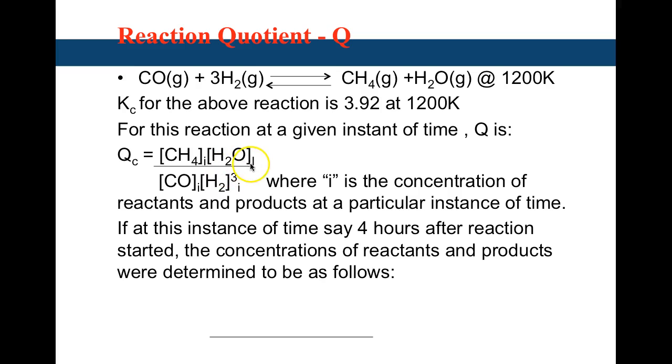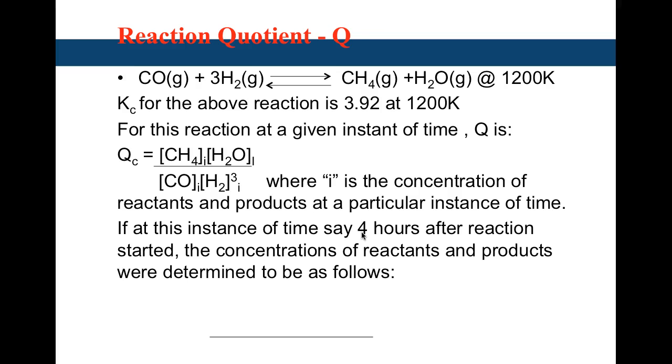Now notice the subscript here is a lowercase i, where i is the concentration of the reactants and products at a particular instance of time. So it's not quite at equilibrium. Let's say that instance of time is 4 hours after the reaction started. So you want to be sure that you have reached equilibrium at the 4-hour mark.